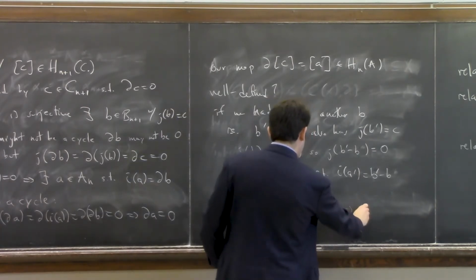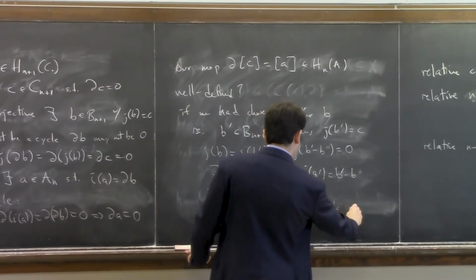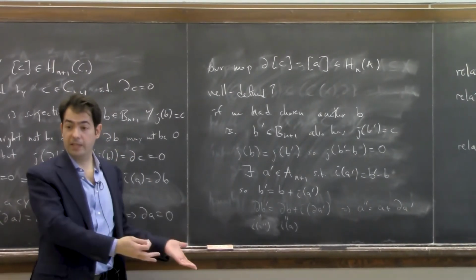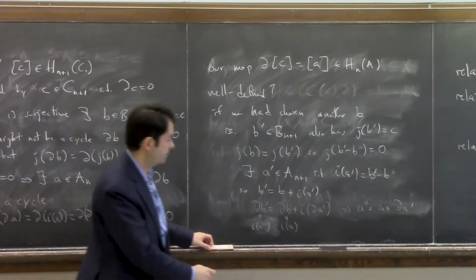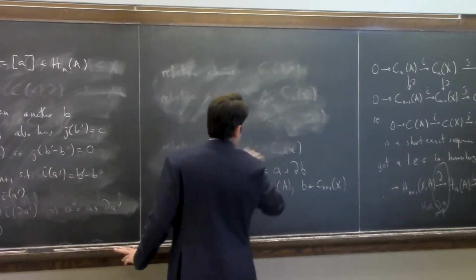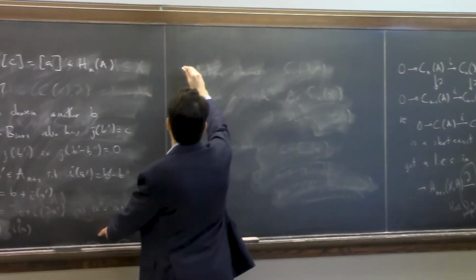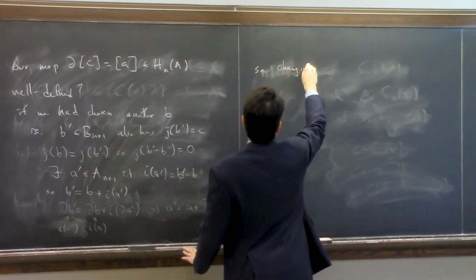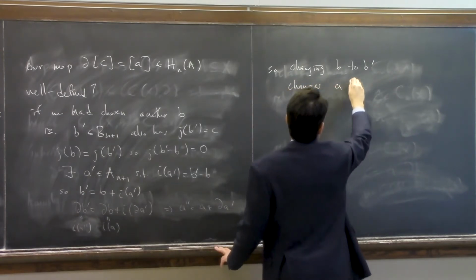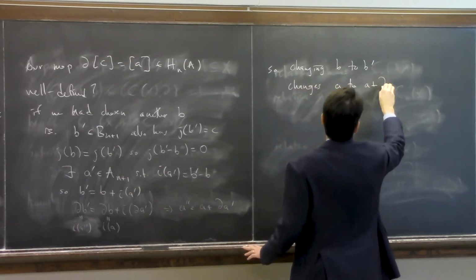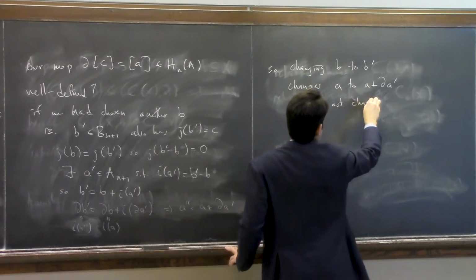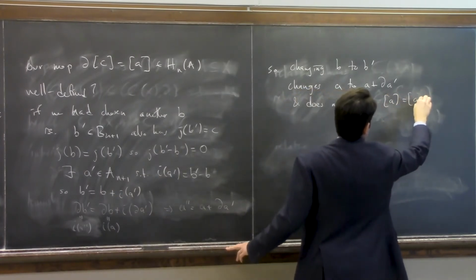And so A double prime is equal to A plus boundary A prime. And the homology class that you get is the same. So changing B to B prime changes A to A plus boundary A prime and does not change the homology class.